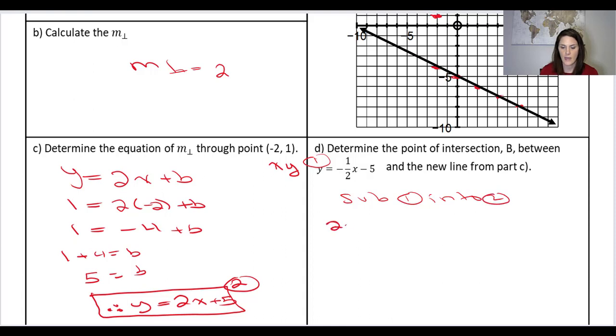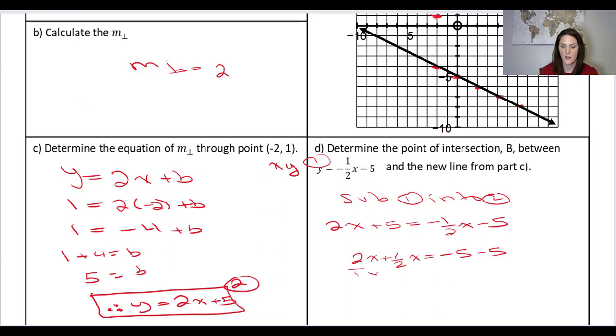So 2x plus 5 is equal to negative 1/2 x, subtract 5. I'm going to bring all of the x's to the left, the constants to the right. So 2x plus 1/2 x is equal to negative 5 minus 5.